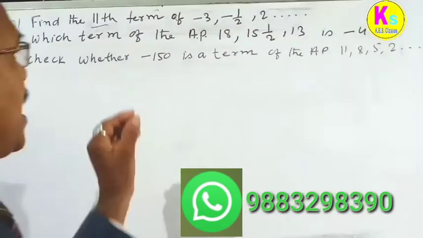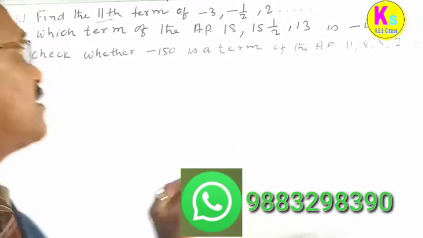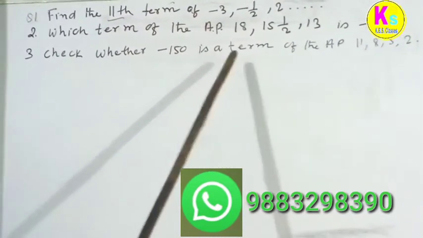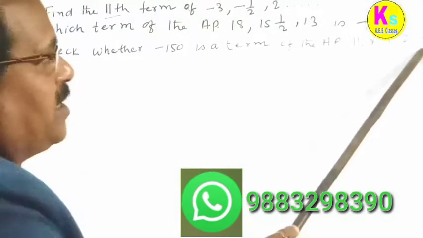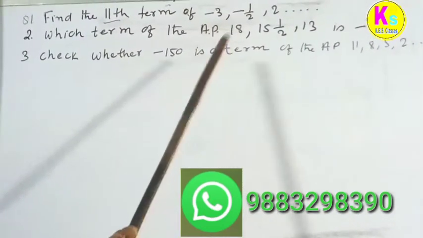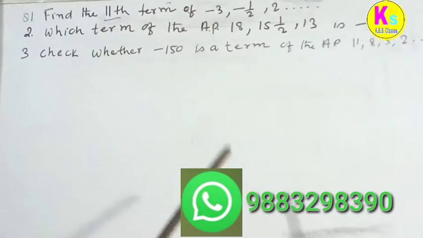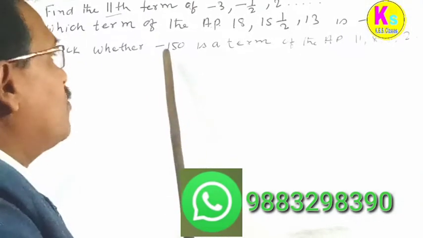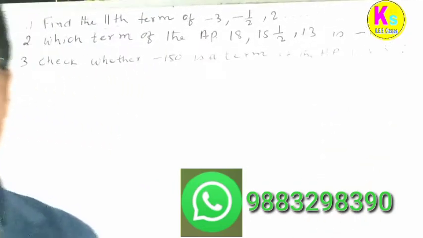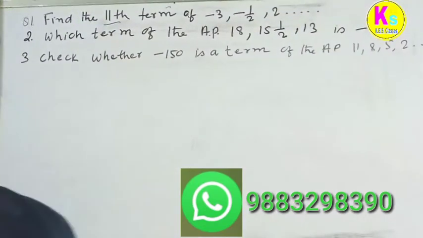Even then, I am telling you some hints here. Check whether minus 150 is a term of the AP. Is it a term? That means you have to find out whether minus 150 will come in this series or not. How can you verify this?